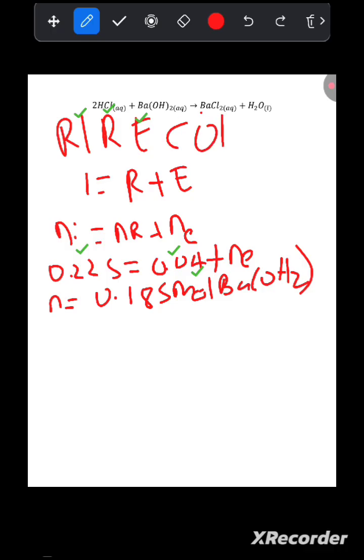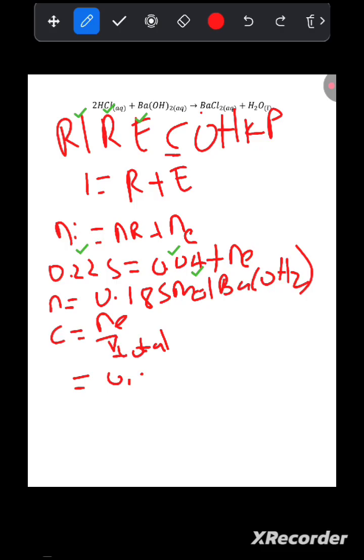Now, let's get the concentration. Concentration is equal to number of moles divided by volume. And this volume must be the total volume, and this number of moles must be the number of moles in excess.